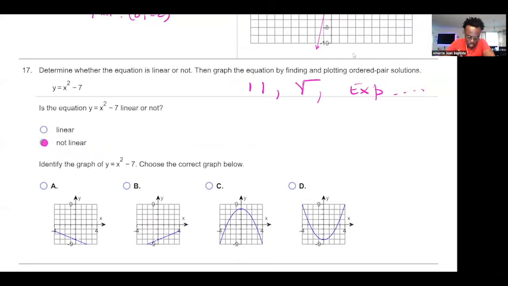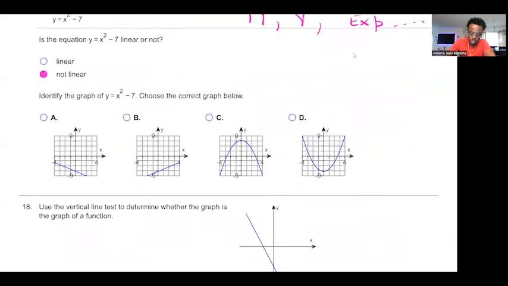Now, if it's not linear, they say identify the graph of this. So these ones cannot be the solution; one of these is going to be the solution here. An exponent of 2 will give you a parabola. Both of these are parabolas. But if there is a negative sign in front of the x squared, the parabola faces down.